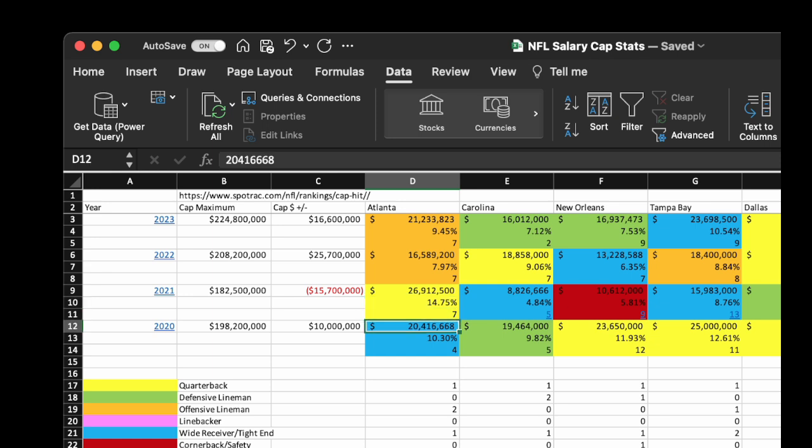There's also some color coding. When a cell is highlighted in yellow, that means the highest paid player was a quarterback for that team for that year.